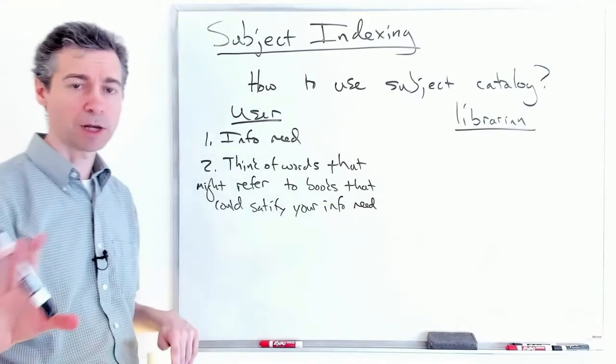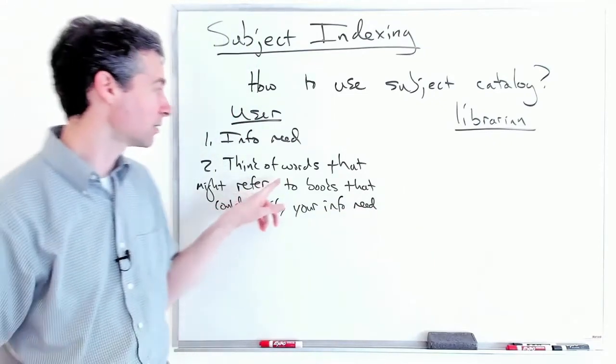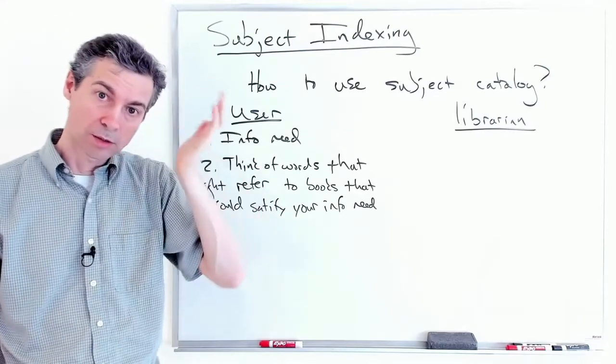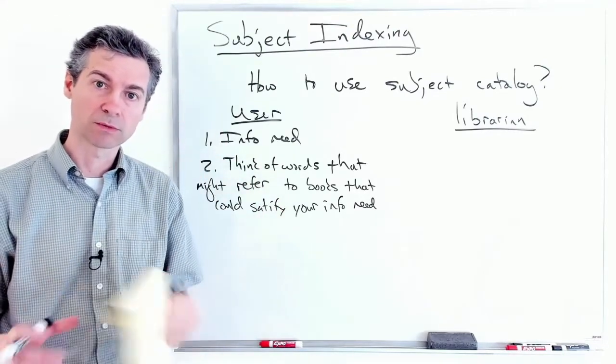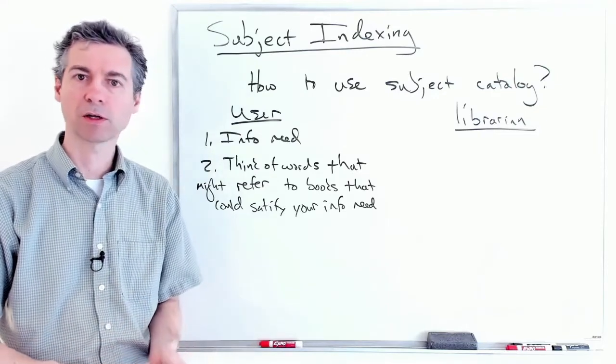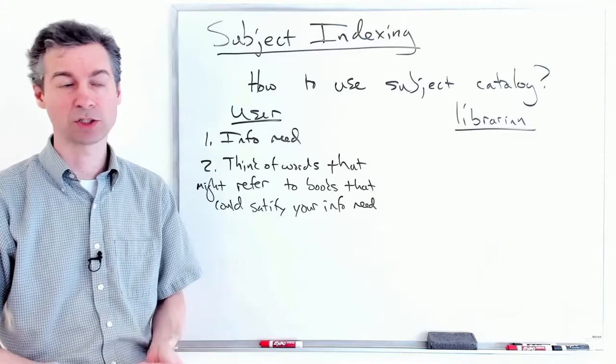Now, one of the problems I'll just say right here is sometimes you have an information need, but you don't know the words. You have what Nick Belkin might call an anomalous state of knowledge.